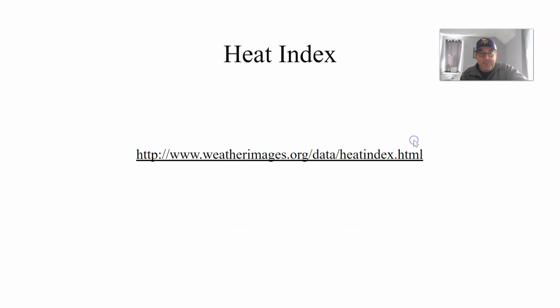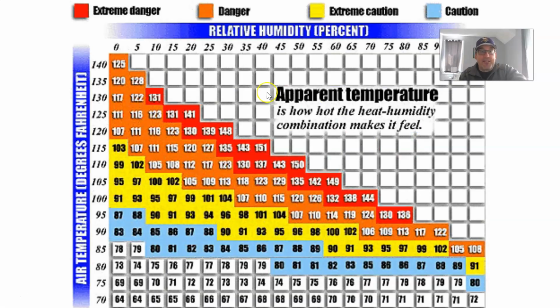Here's another. The heat index. For us living in the Phoenix area, the heat index. The apparent temperature, how hot it feels like outside, is a function of 2 things, the air temperature and the relative humidity. You may have heard in the Phoenix area, the Valley of the Sun, we say it's a dry heat. And what we mean by that is we have low humidities. Like, we might be in this range.